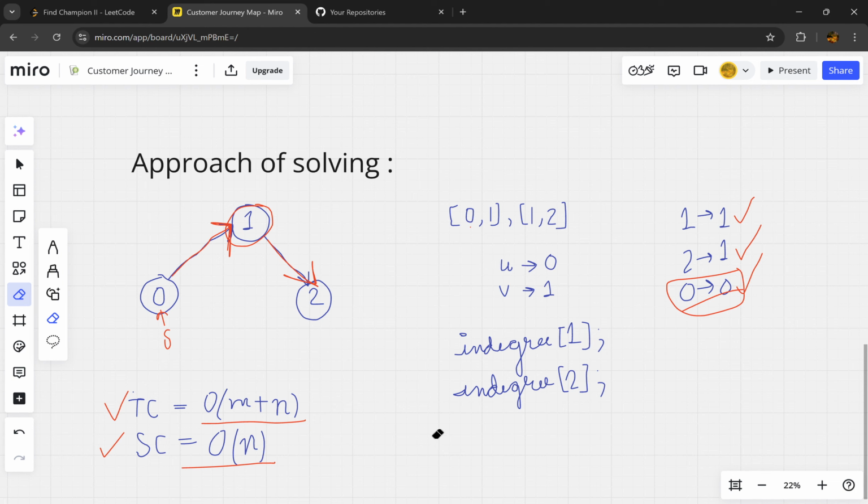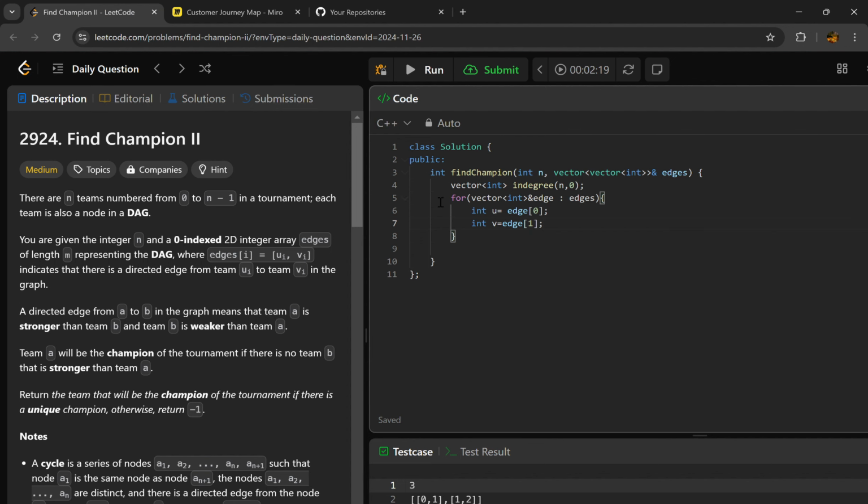Sorry, in degree I have told you: however many directions come to a node from another node, that is representing our in degree. And not just for 1, it is applicable for every node. Then here, as u is directed to v, for that our in degree of v would be incremented, v plus plus.